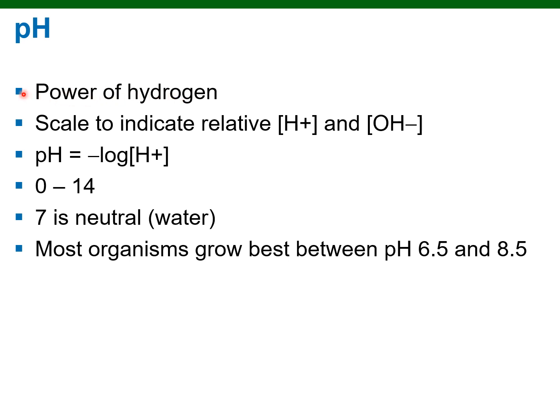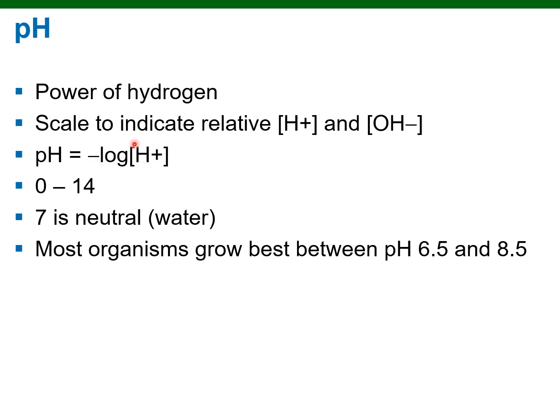But mathematically, this power, so to speak, is this, where the little p comes from in physics and in chemistry. It actually is an abbreviation or shorthand for negative log function. And then the H is in reference to hydrogen ions, H plus ions.